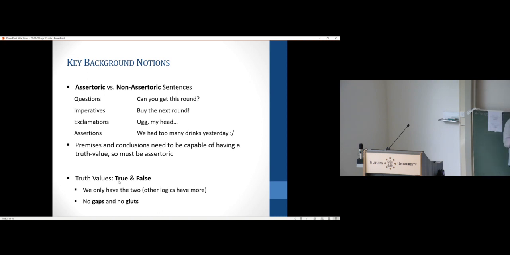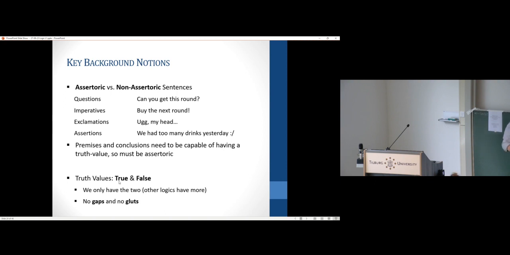These are all simplifying assumptions. We're going to work with them because, frankly, it's going to be hard enough with just these restrictions. We'll talk a little bit in week 7 about how we might loosen these. For example, just to give you a grip on cases where we might want to loosen it, if we're talking about truth in fiction, what's true according to a given story, it seems like there should be lots of gaps.